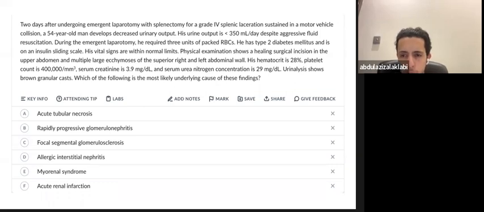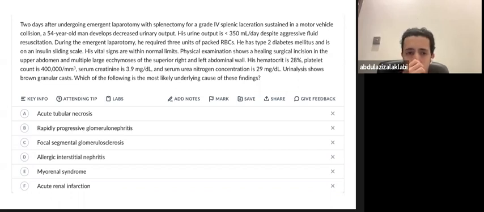Are they RBCs? No. You're asking essentially whether the muddy brown casts or brown granular casts are the same thing as RBCs themselves. So, no, it's not actually RBCs.